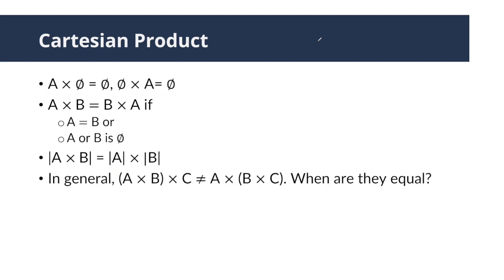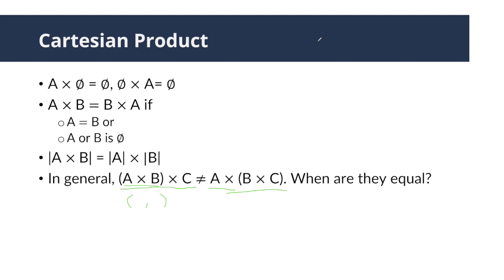Next, what if we extend the equation to 3 sets? In general, (A cross B) cross C is not equal to A cross (B cross C). Why is that? This is because for A cross B, each element is in the form of an ordered pair.